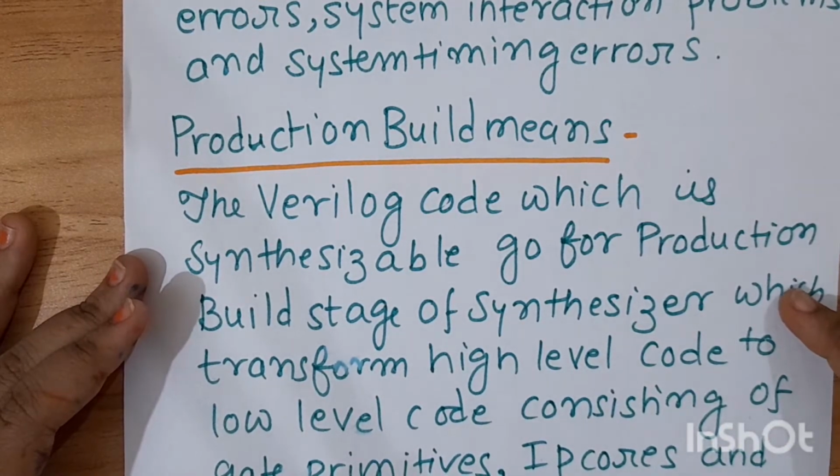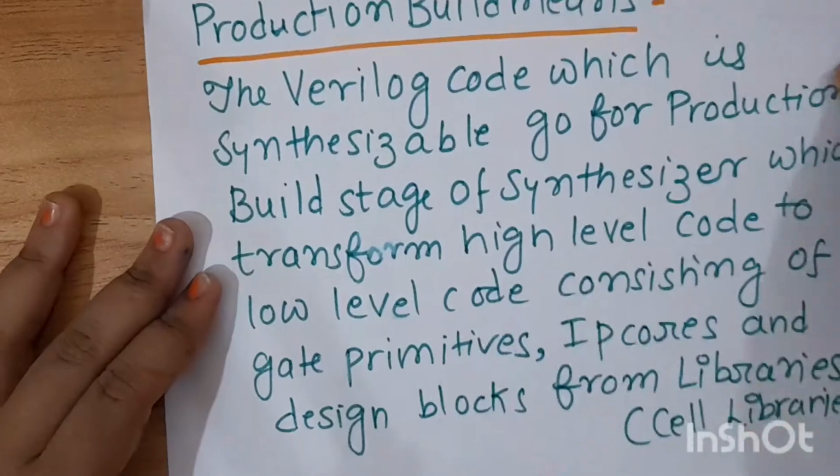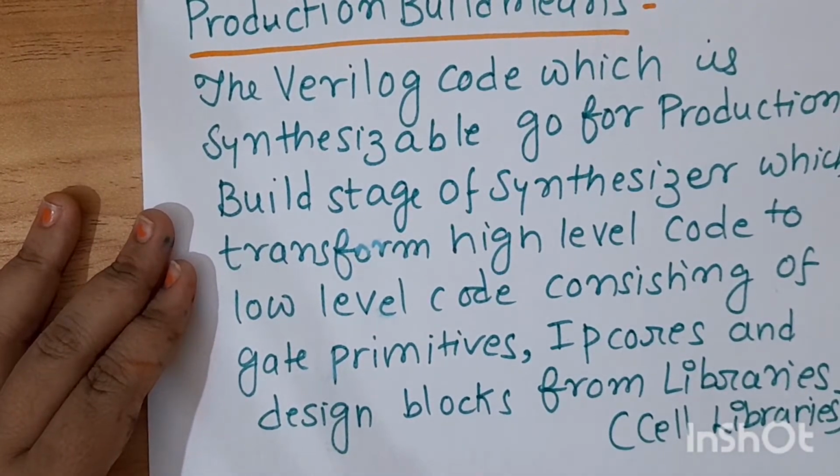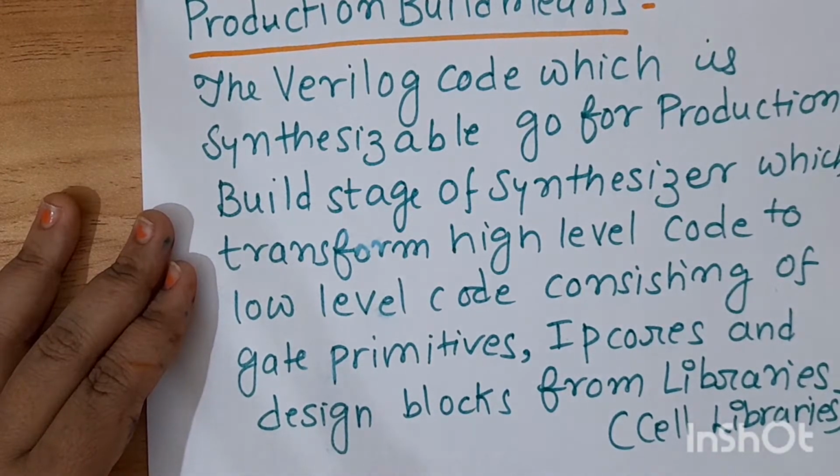The synthesizer turns the synthesizable high level code into low level code. Low level code usually consists of gate primitives, design blocks from the cell libraries, and IP cores. Okay, so that is what is meant by production build.